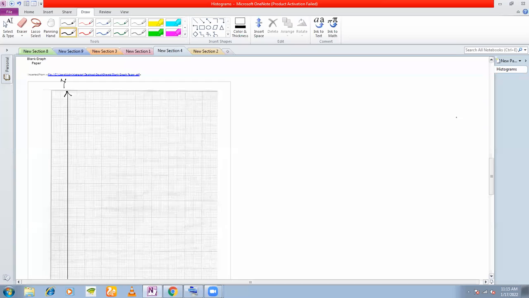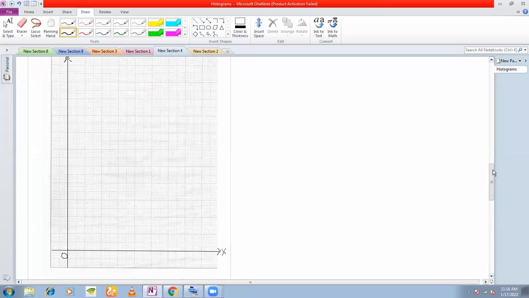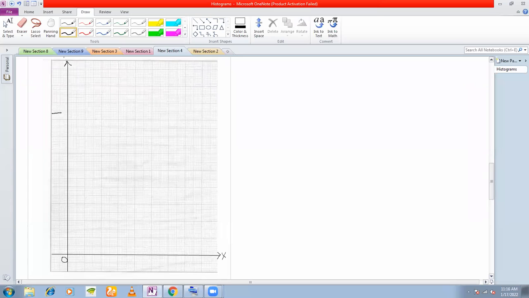When you are drawing your x and y axis, try to leave 5 to 10 divisions here. Minimum 5 divisions, maximum 10 divisions, not more than that. And here also 5 to 10 divisions.